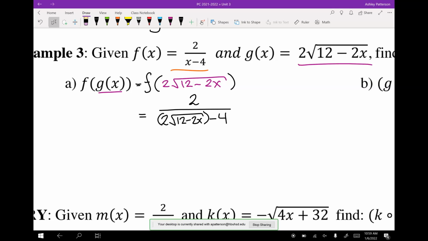That's our input. And notice in the denominator there is a greatest common factor. What is that? 2. Perfect. Let's factor that out, ultimately hoping to reduce. That leaves us with the square root of 12 minus 2x and then minus 2 on the outside.